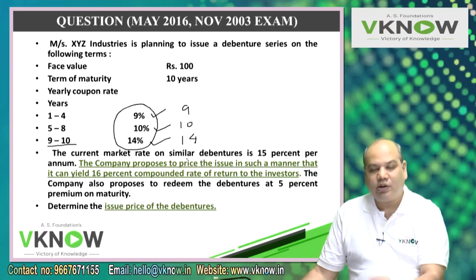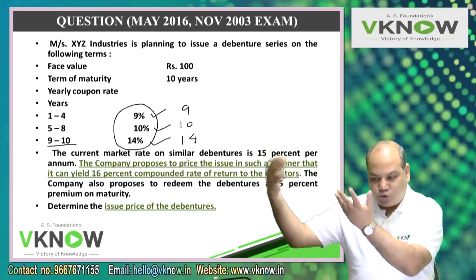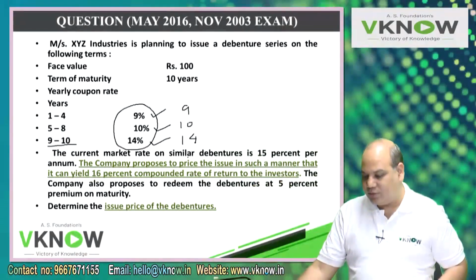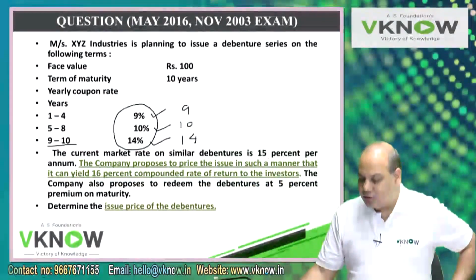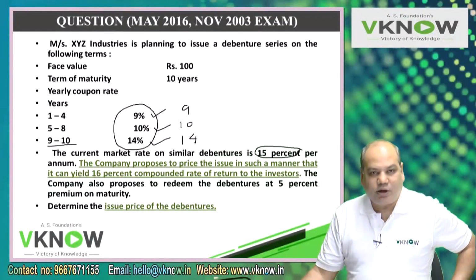Similar debentures issued by other companies, competitors, are being offered in such a manner that the investor will earn 15% per annum. That means if you invest in another debenture, you will earn a rate of return of 15%.